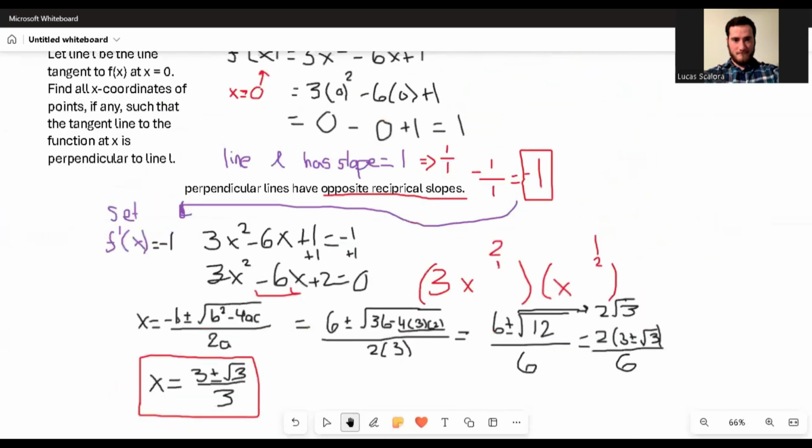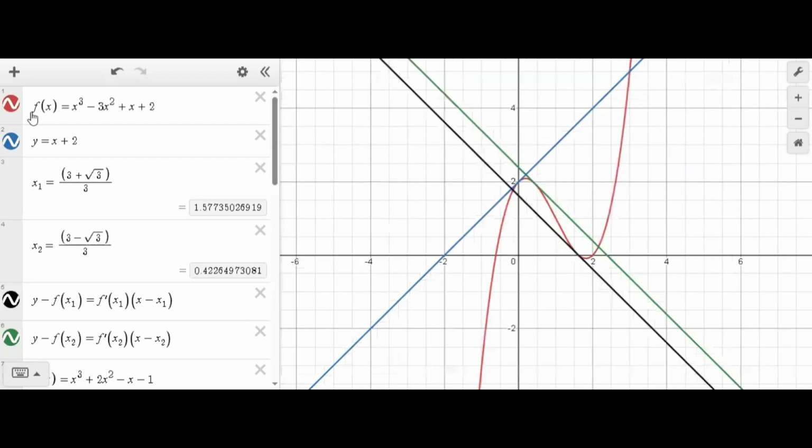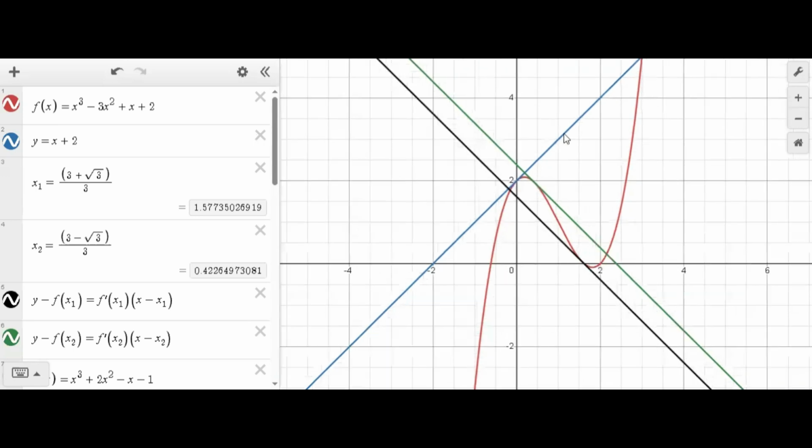Let me show you this through Desmos. This function here is f of x, x cubed minus 3x squared plus x plus 2, the function here in red. And this blue line, y equals x plus 2, is the equation of the line tangent to the curve at x equals 0.